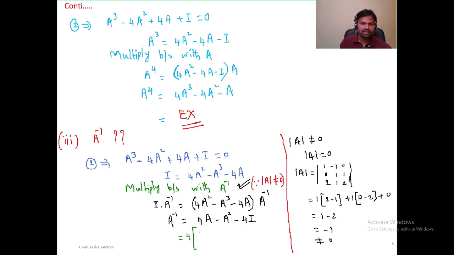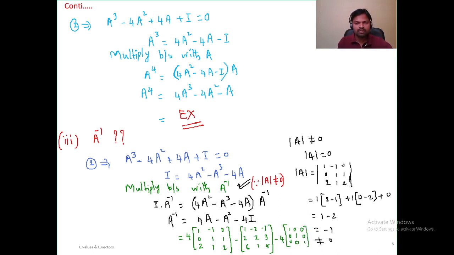Now what is A? 1, 0, 2. Next minus 1, 1, 1 and 0, 1, 2. This is matrix A minus A square, I want A square, already we have, and that is the identity matrix 1, 0, 0, 0, 1, 0 and 0, 0, 1.